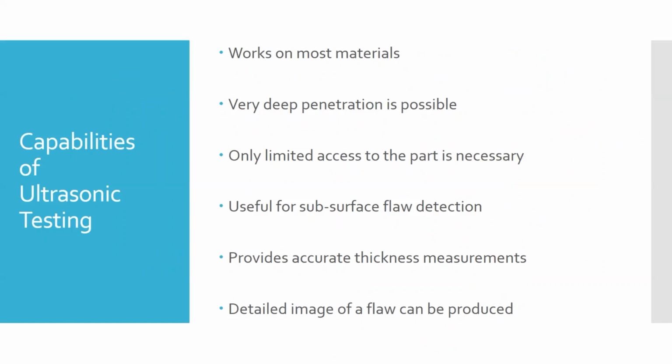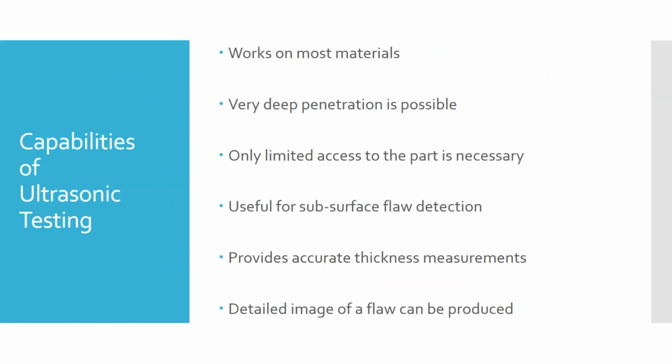We can do very deep penetration. We can actually see kind of through parts in a way. Pretty much all the other methods we've talked about up to this point, liquid penetrant, magnetic particle, and eddy current testing, have all been primarily for finding surface flaws.